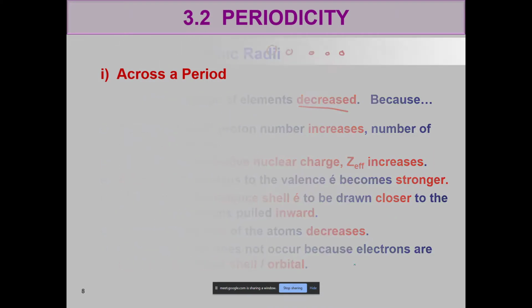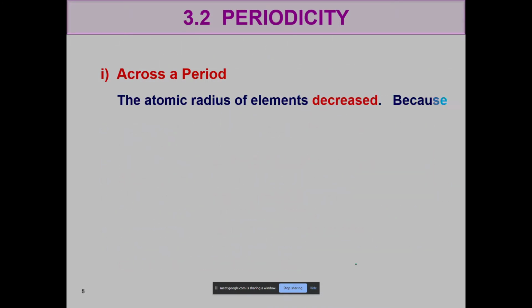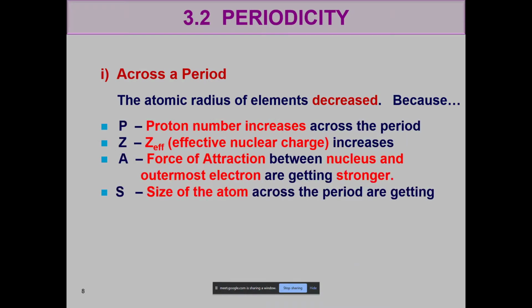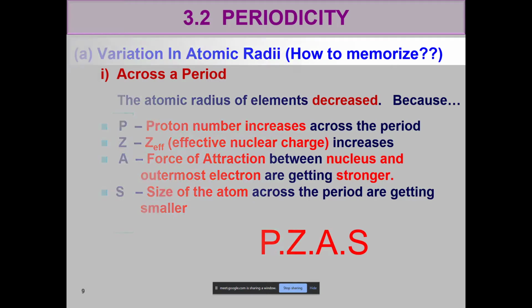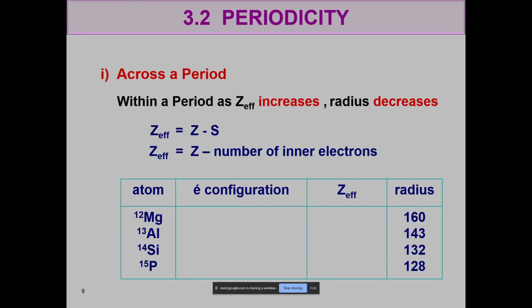Okay. So, let's see how we define Z effective. Before kita tengok across the period, kita tengok dulu. Okay, Z effective. How do we define Z effective? Z effective is a purely number yang kita made up.